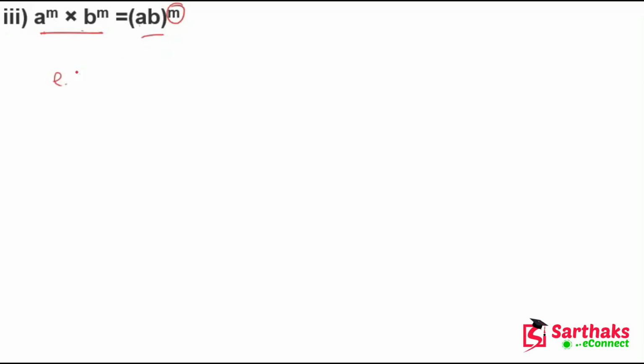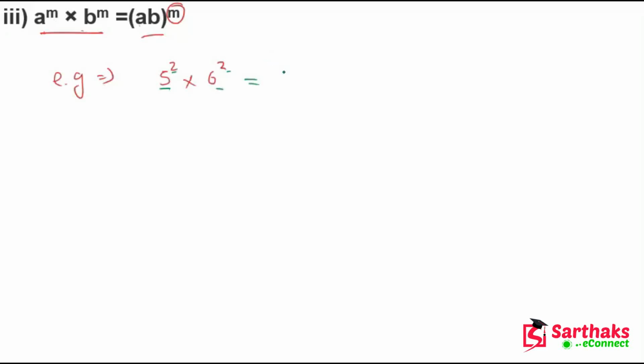Let's see an example. Suppose we have 5 raised to power 2 into 6 raised to power 2. In this case, the base is different, 5 and 6, and the power is the same, 2.